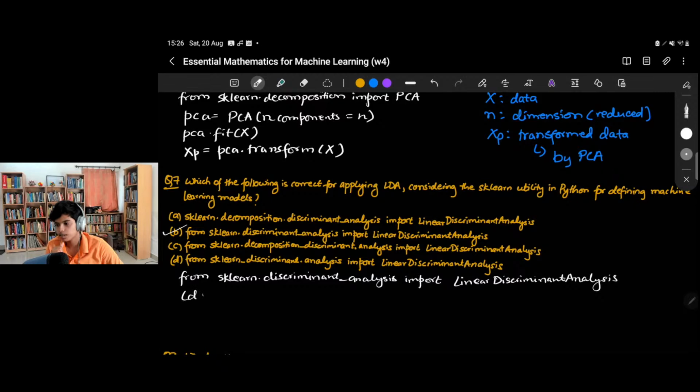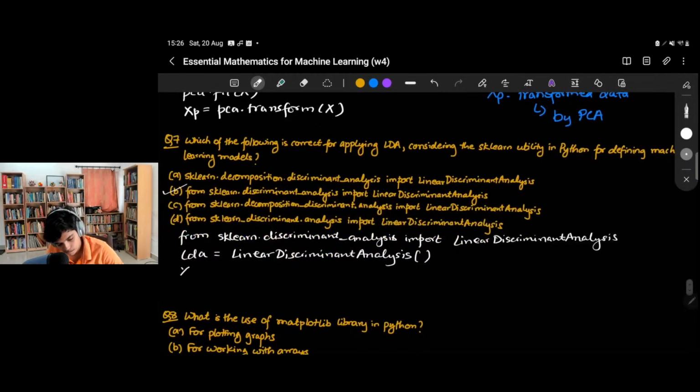Then you would say LDA is equal to LinearDiscriminantAnalysis. Then you would invoke LDA.fit to the data, and use LDA. And then you can plot it.